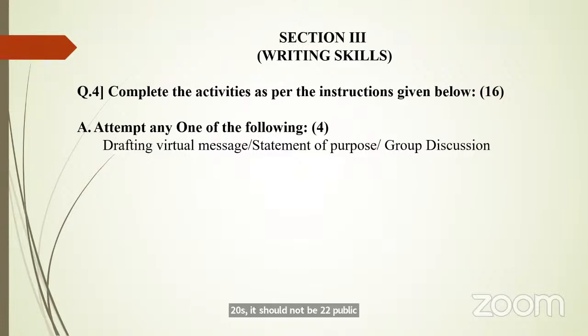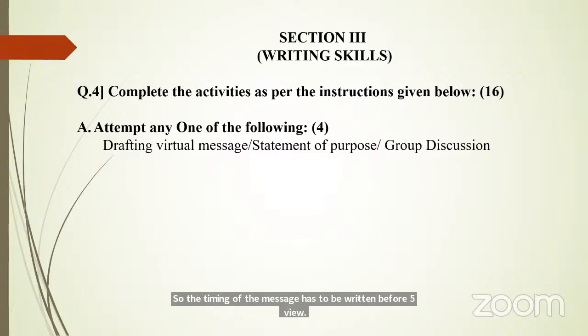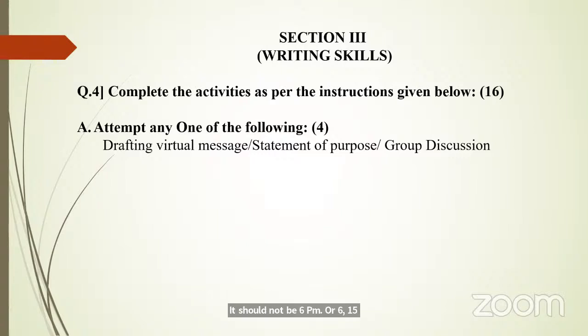You have to write 22nd January, and then the timing, because many times you might have done the question in the terminal exam where you have to attend a session where someone will pick you at 6:30 p.m. So the timing in the message has to be written before 5 p.m. It should not be 6 p.m. or 6:15, because whoever is reading that has to be prepared for it. So accordingly, you have to write the time slot.